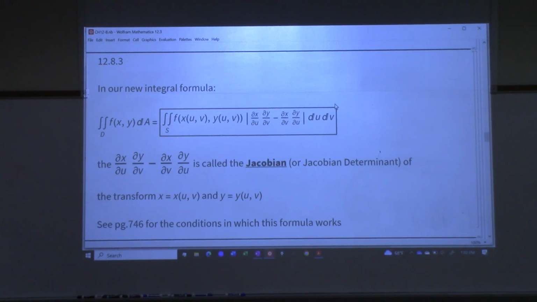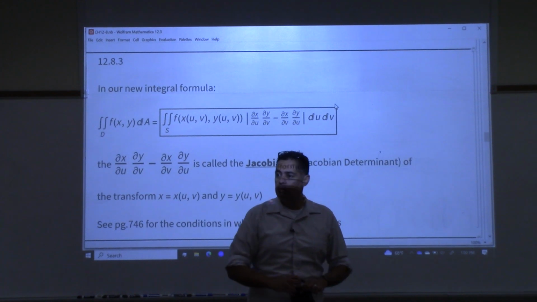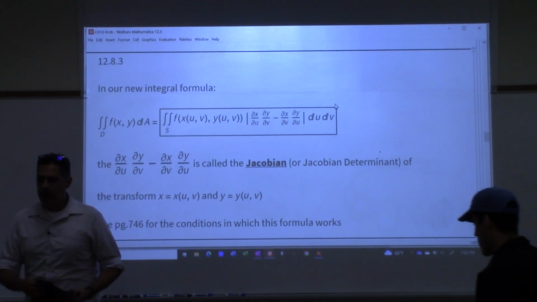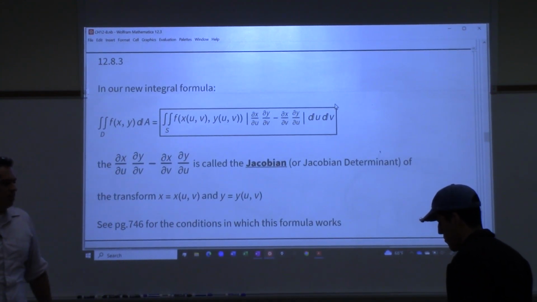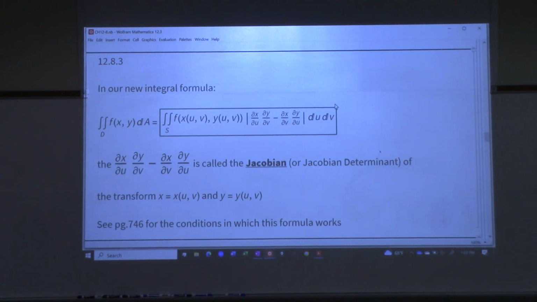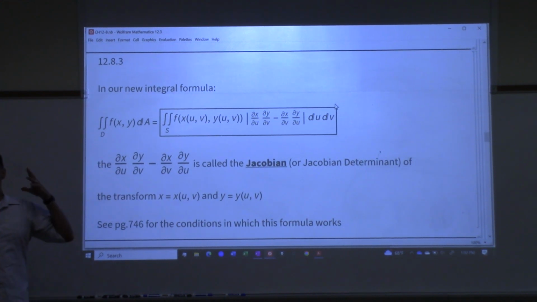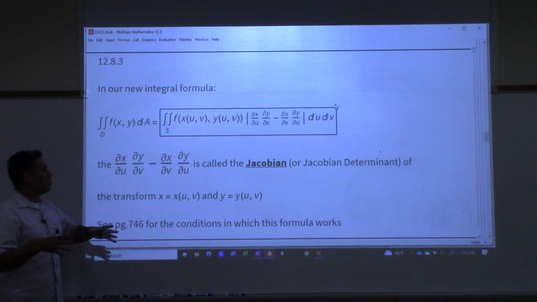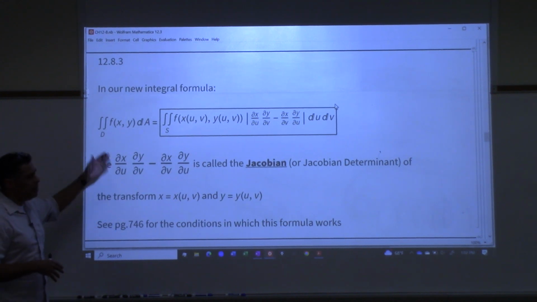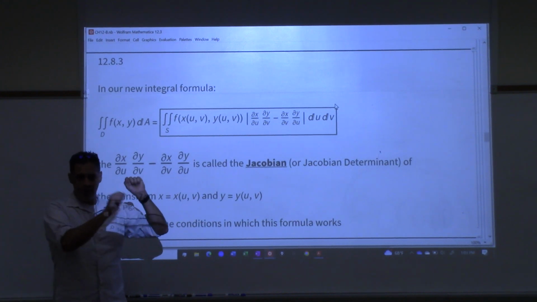We're going to finish up chapter 12 in about 10 minutes, and we're going to start going into chapter 13, which is the last chapter of the book. So last class, chapter 12, section 8, we said, let's say we have a double integral, or this even extends to triple integrals, and we want to change from x, y to two different variables, u, v.